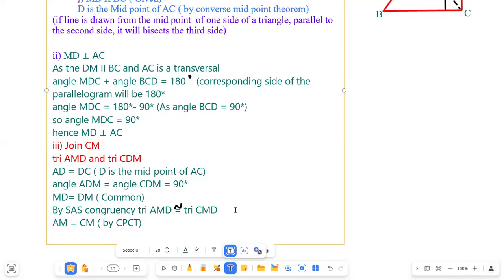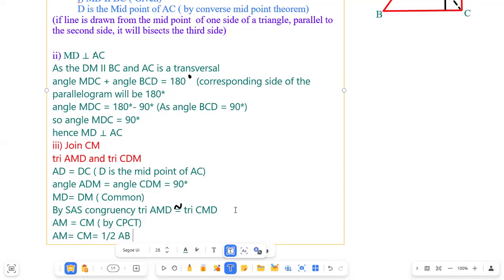Okay. So in this way, we have AM equals CM equals half of AB.